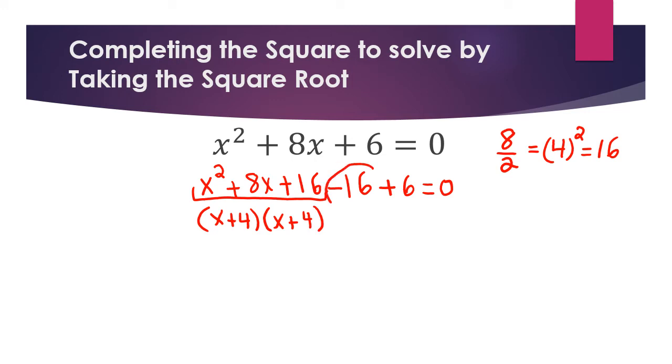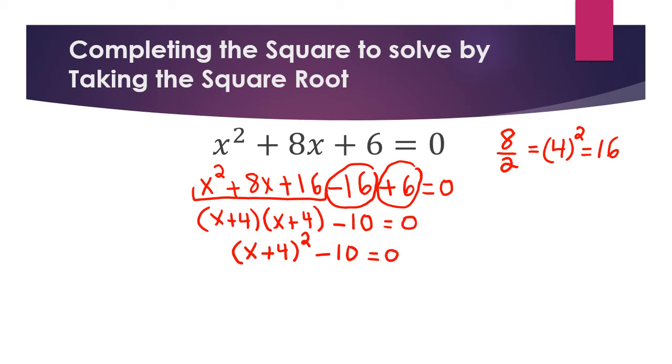And negative 16 and 6 are like terms that I can combine to get negative 10. Now I can write this quadratic as x plus 4 squared minus 10 equals 0. This is the vertex form of the quadratic.